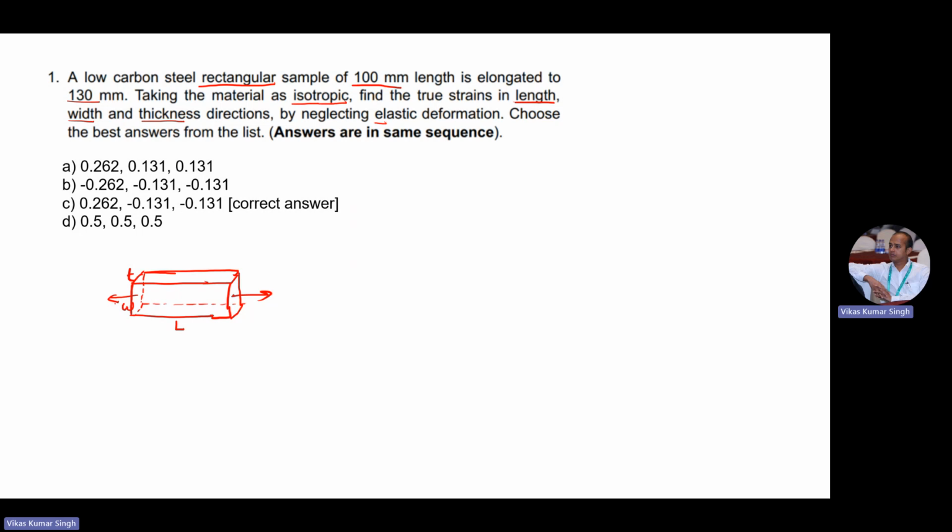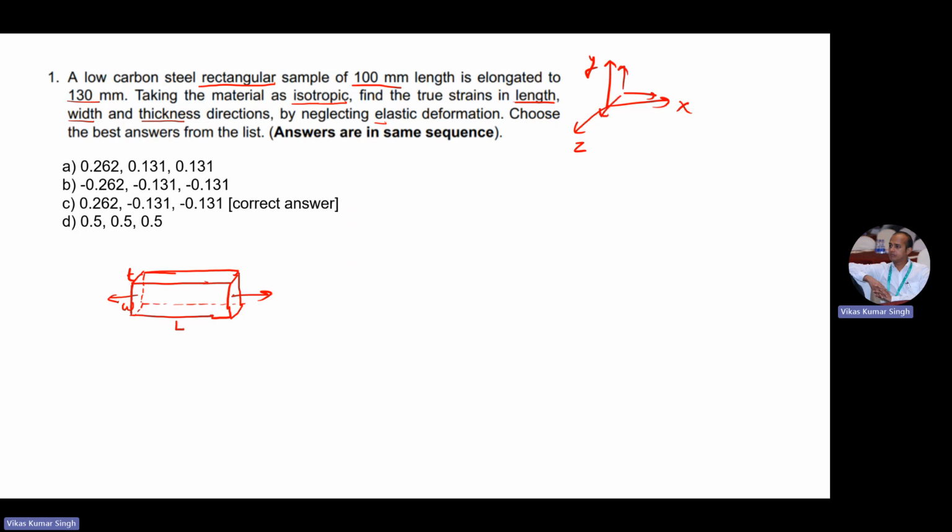Now the question is what isotropic means. I am making a 3D block diagram. Isotropic means all the material properties in all directions will be the same. Suppose you have X, Y, Z axes like this; in any direction you go, your material property will be the same.